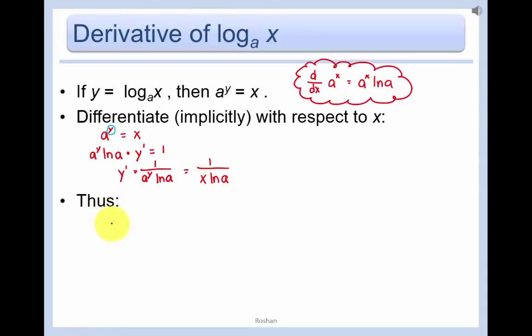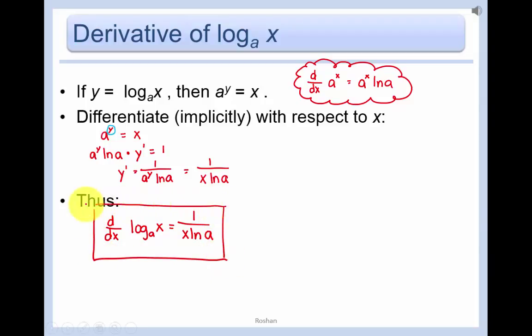So what we just found is that the derivative with respect to x of log base a of x is 1 over x ln a. This is one that you will be seeing on the AP Calculus exam.